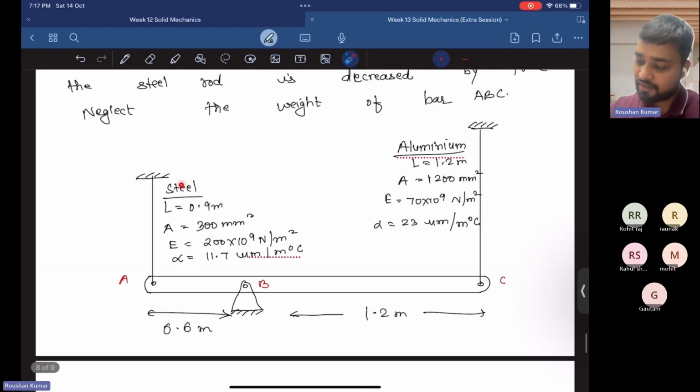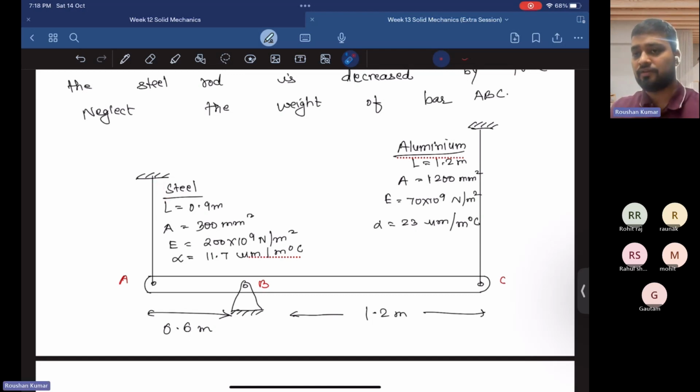Suppose there is a temperature change in the steel bar. Because the temperature is decreased, there is a change in length in the steel bar, and some thermal stress is developed trying to reduce the length of the steel bar.